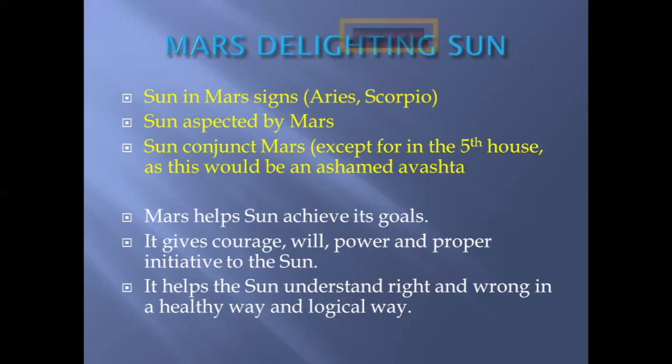It's going to give it courage, willpower, and proper initiative. And it's going to help the sun understand what is right or wrong in a very healthy and logical way, so the sun is going to make very good choices, very logical choices, and it's going to take proper action at the right time.